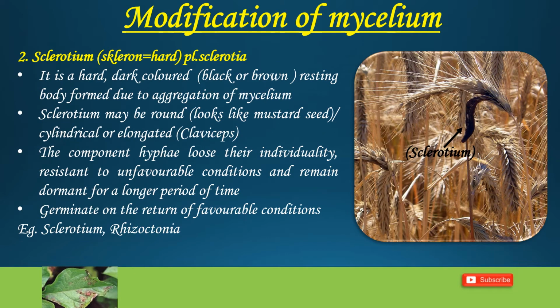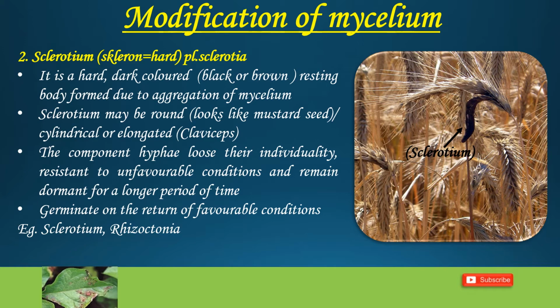Sclerotium. Sclerotium is a hard, dark colored, black or brown resting structure formed due to aggregation of mycelium. Sclerotium may be round, looking like a mustard seed, or cylindrical or elongated, found in Claviceps purpurea. In this sclerotium structure also, component hyphae lose their individuality, and these structures are resistant to unfavorable conditions and remain dormant for a longer period of time.